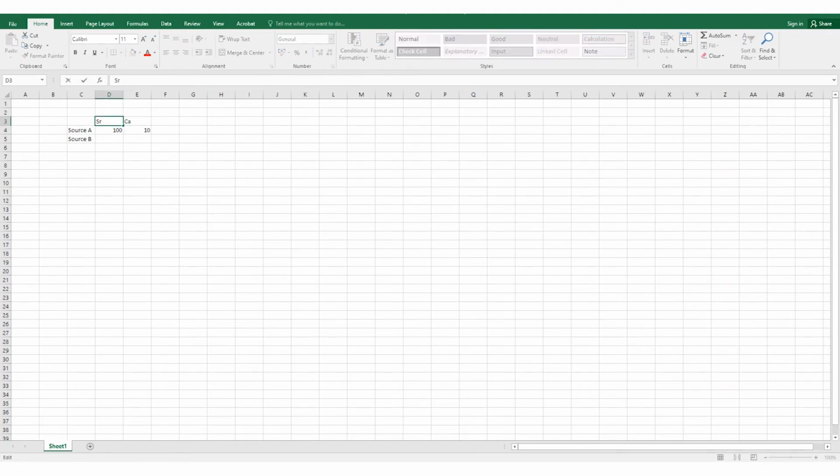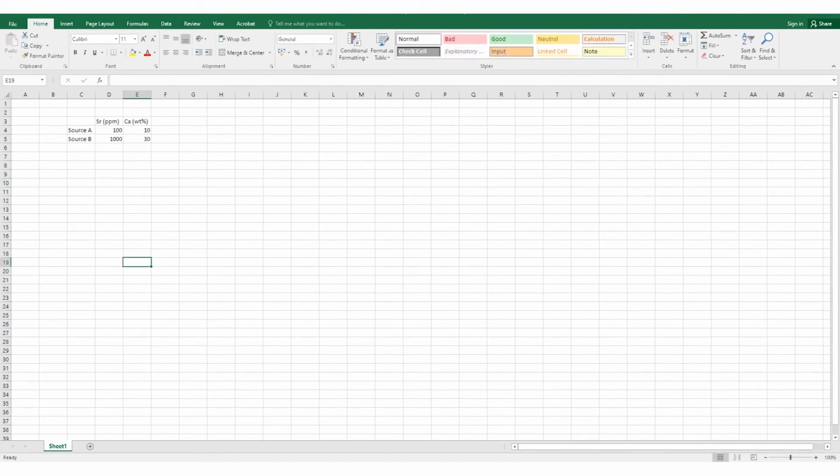Strontium, being a trace metal, should be in ppm, whereas calcium, a major element, is in weight percent. Let us say strontium B is highly enriched, say 1000, and calcium is 30%.